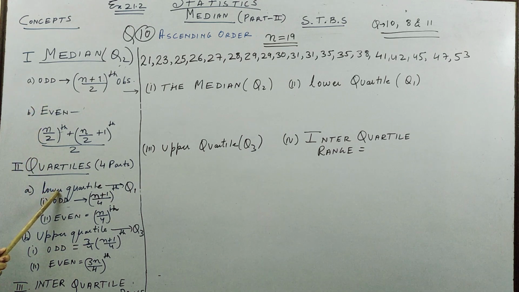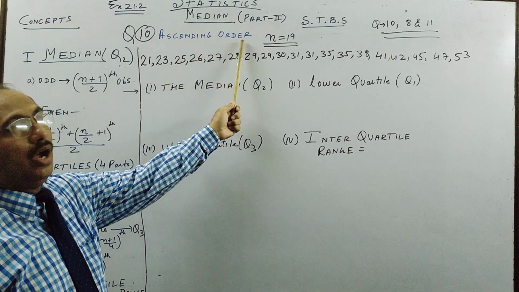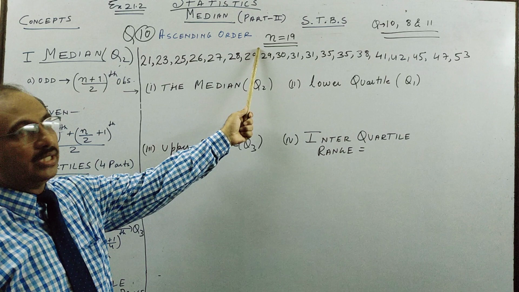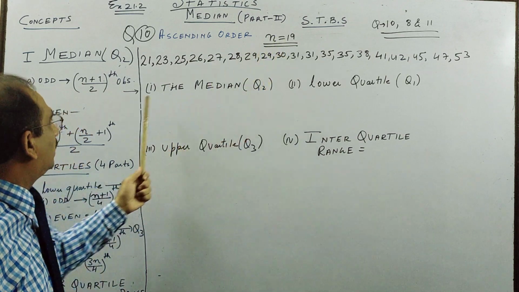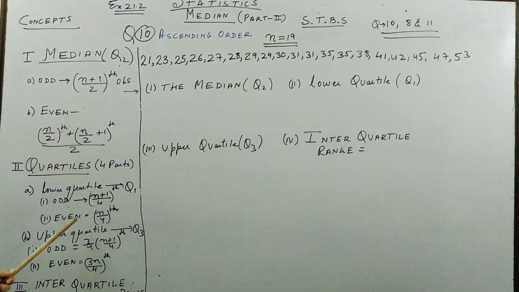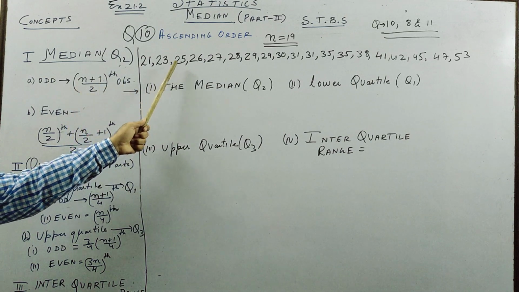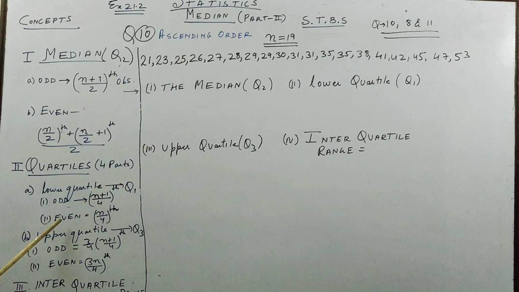In the same way, for the lower quartile we have to see how many data points, or the total frequency, there are. If n is 19, we will see the odd case. Like this question, n is 19, an odd number. For the even case we will see it in the next two sums.